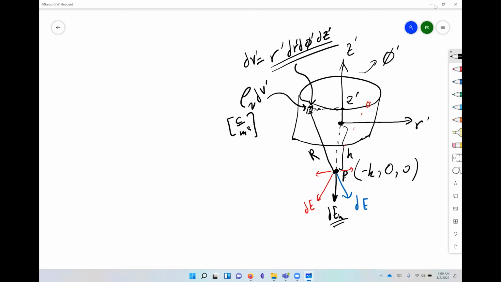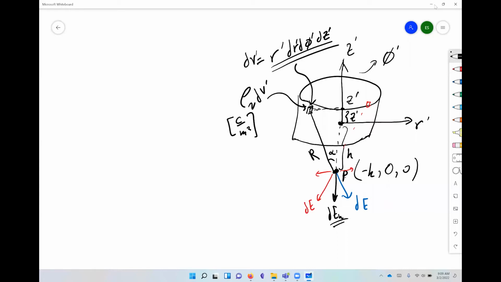So really, we only need to sum up the normal component to get the total field, because if we do that we simplify matters a little bit in the integration. So this is going to be z prime here, this distance, and this is r, of course. This is, let's say, angle alpha. Alpha varies depending on where we are.